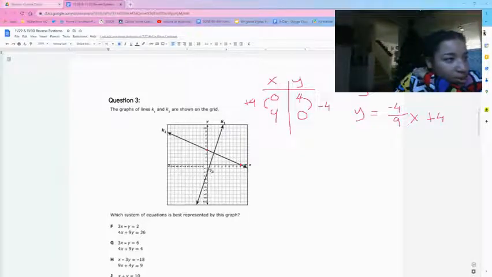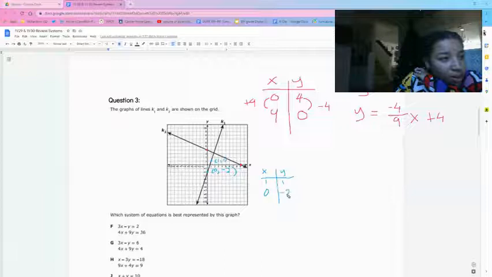I'm going to do this one here, which is 1 and 1. And I'm going to do this one here, which is 0 and negative 2. And I'm going to put this in a mini table. 1, 1, 0, negative 2.